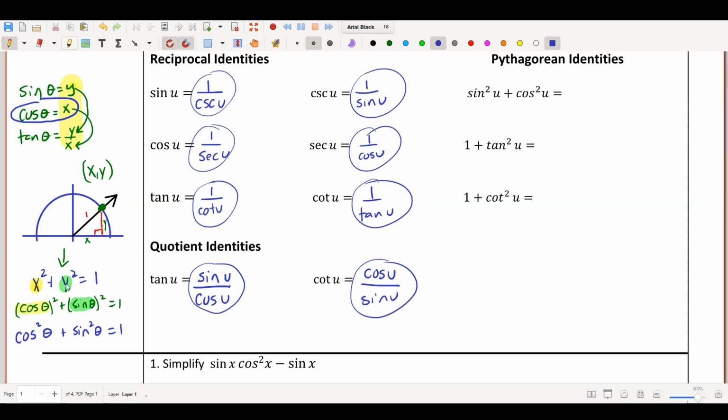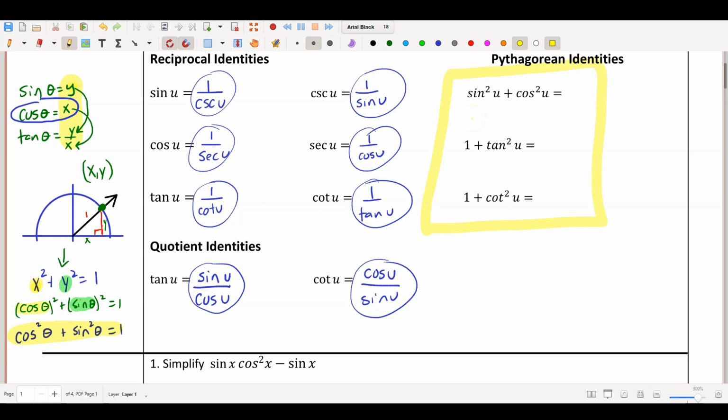So this right here is basically just the Pythagorean theorem. That's all it is. But that's looking at the unit circle setup that we already had. So when we look over in this spot, that's where all this is coming from.